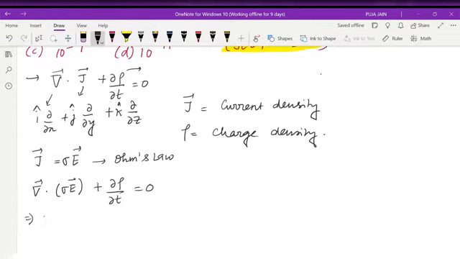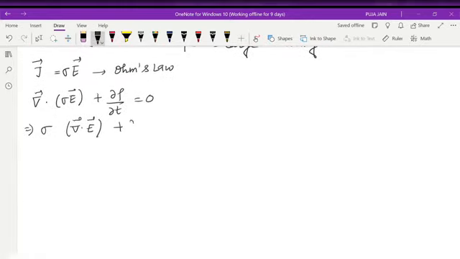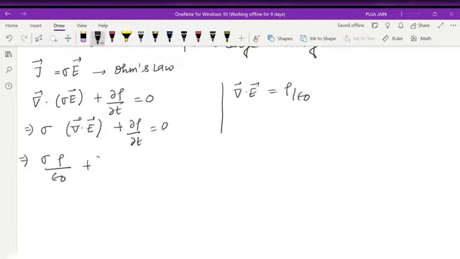Sigma is constant, so we can take it outside: sigma del dot E plus del rho by del t equals 0. Also from Gauss law we know del dot E equals rho by epsilon naught. So we will substitute this and get sigma rho by epsilon naught plus del rho by del t equal to 0.